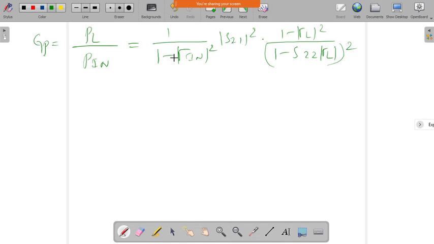Now the available power gain, GA, is the available power from the network divided by the available power from the source.